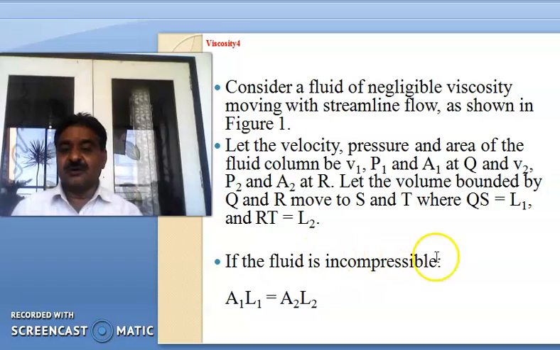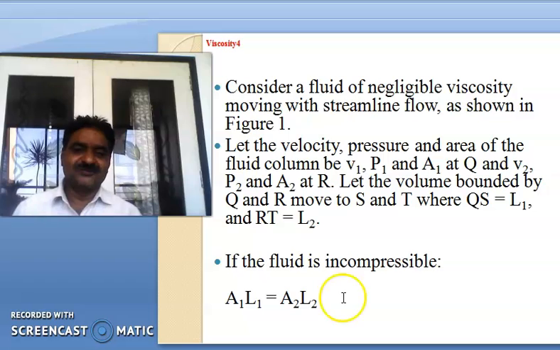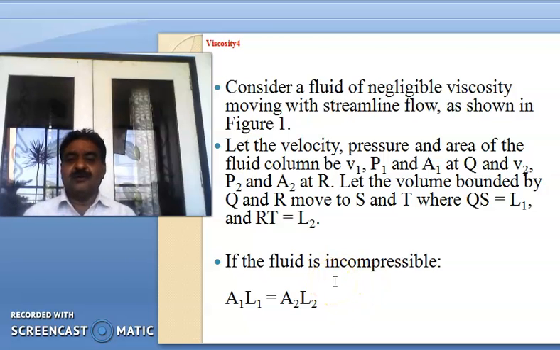If the fluid is incompressible, then A1L1 is equal to A2L2. This formula you remember. Practically no fluid is incompressible, so we are going to consider a negligible viscosity.